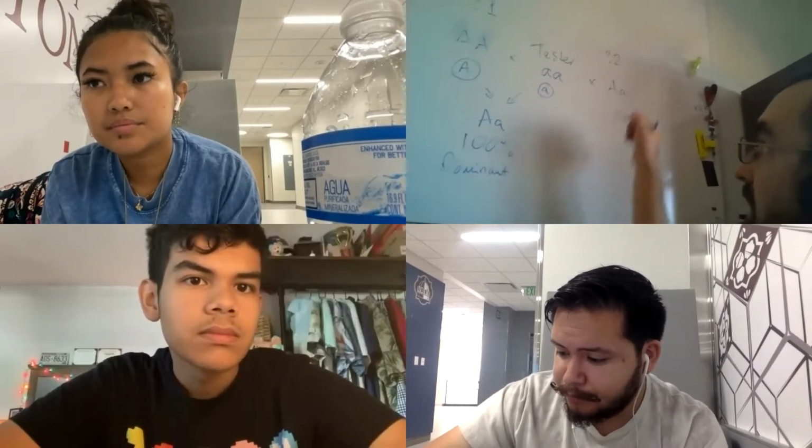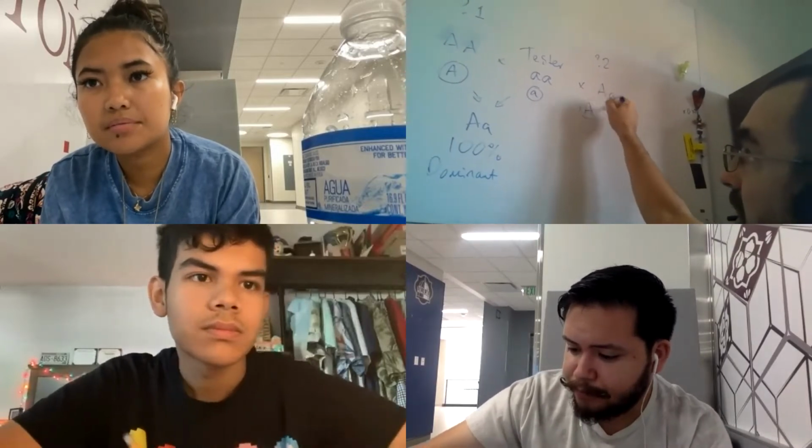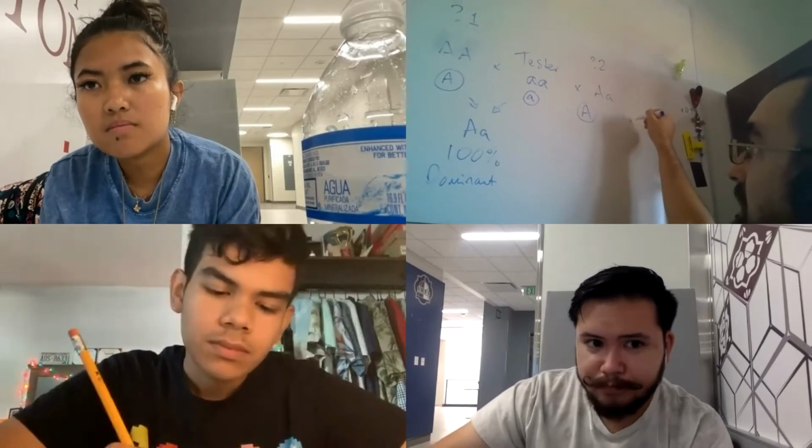So what gametes can we get from this individual? This is very much an example of a test cross, Clarissa. Yeah, this is essentially the nuts and bolts of it. Excellent, Michael. Yes, it's either going to be dominant A or a recessive A.